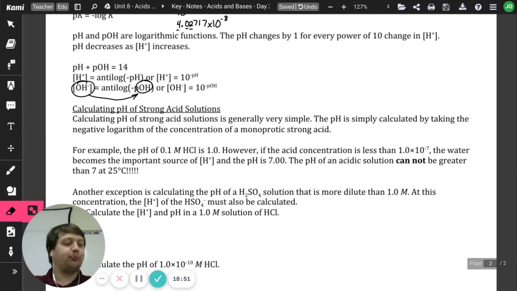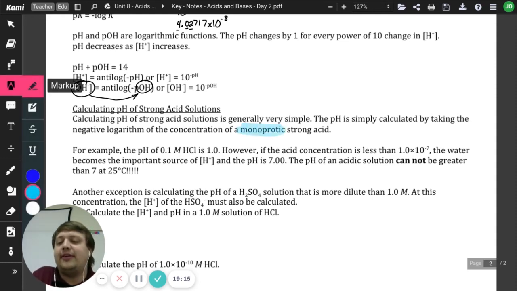Okay, all right. Very last thing that we've got here in this set of notes today is calculating the pH of a strong acid solution. So when we calculate the pH of a strong acid, it is generally very, very simple. The pH is simply calculated by taking the negative logarithm of the concentration for a monoprotic acid.